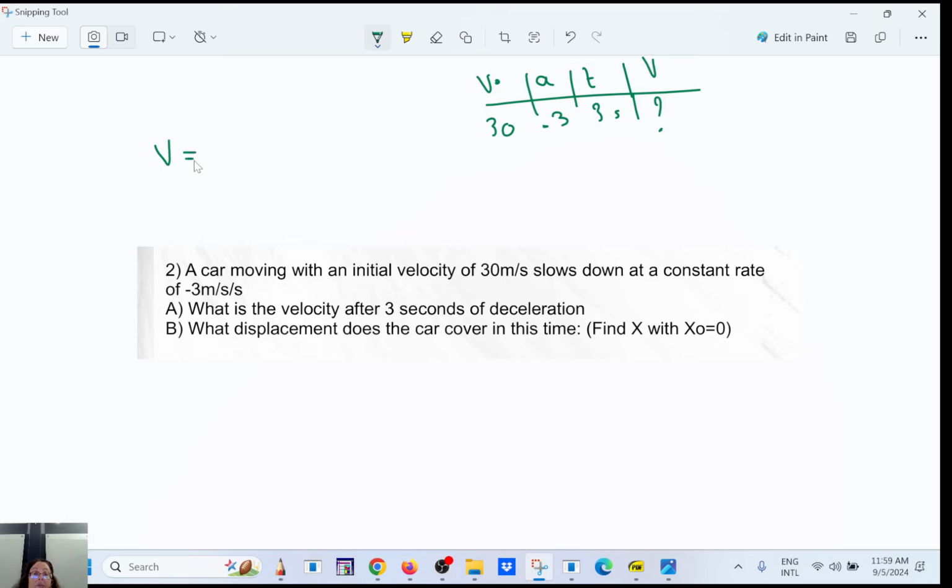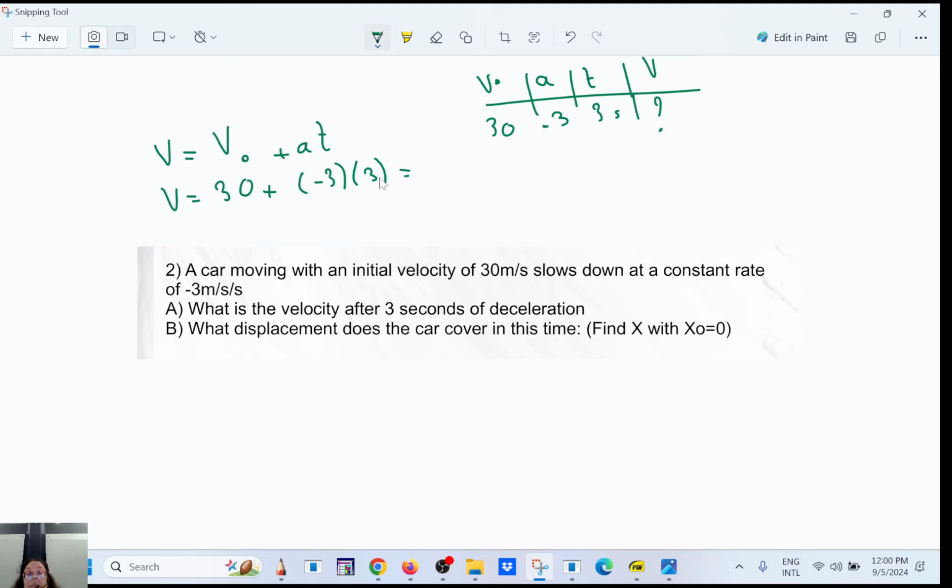So velocity equals, look at your equation. Can we use this one? Okay, so final velocity is initial 30 plus, I made a mistake? No, it's good.